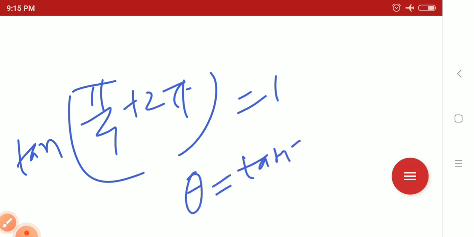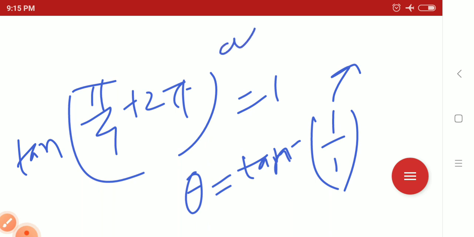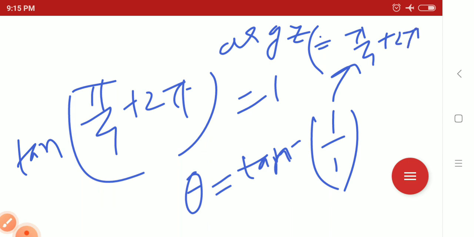If you write the argument of z as tan inverse y by x, then similarly we can get the argument of z, not the principal argument, as pi by 4 plus 2 pi. We are getting the same value for rotating pi by 4 as well as rotating pi by 4 plus 2 pi. That's the concept of a multi-valued function.